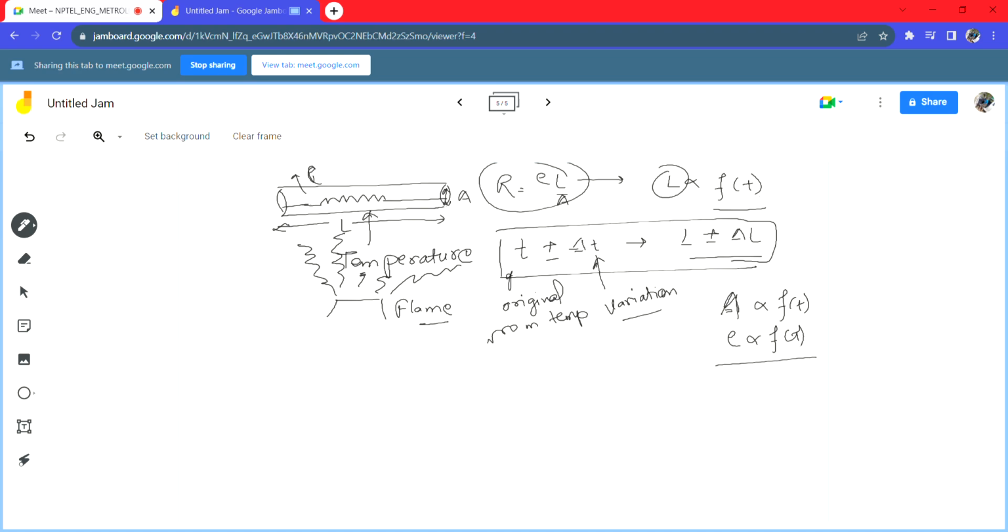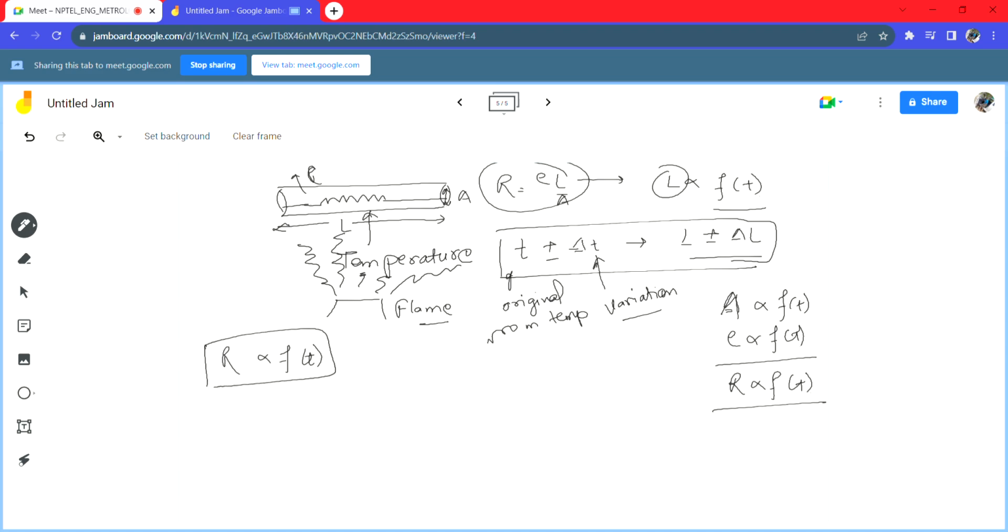So if all the three are a function of temperature, we can say that this resistance is also a function of temperature T.